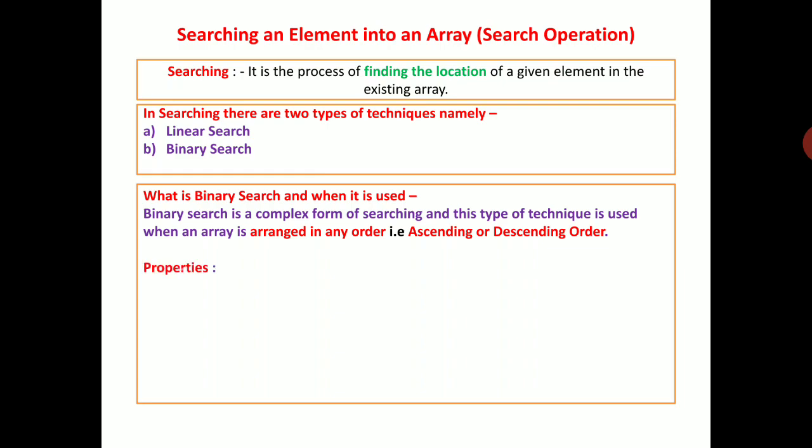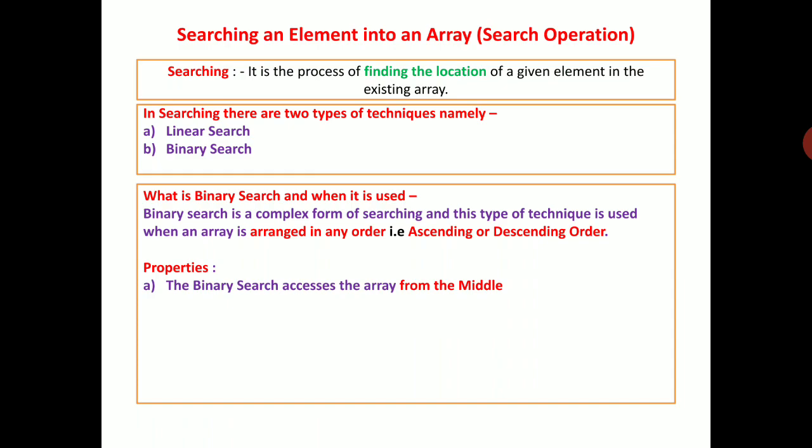We will see its properties. What are the properties of binary search? The first property: the binary search accesses the array from the middle.